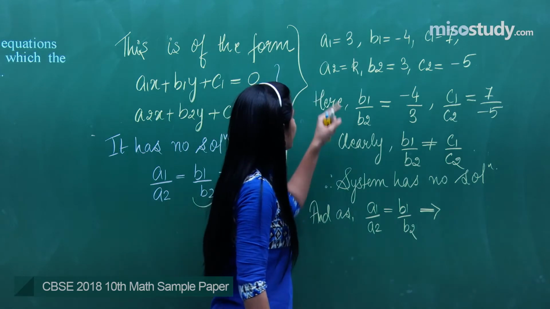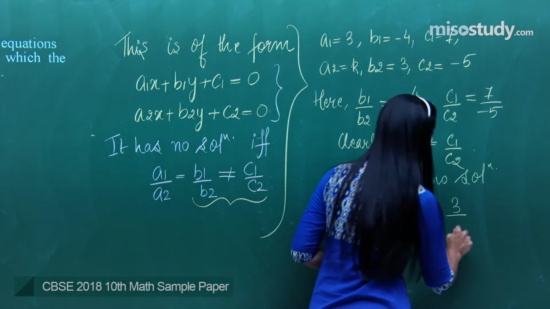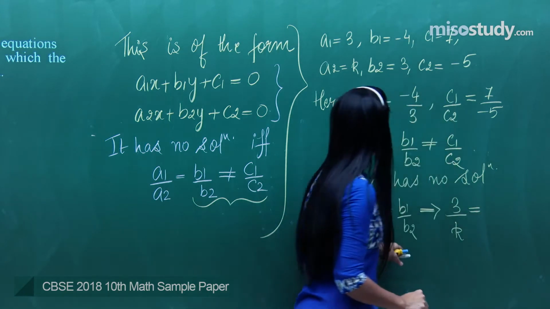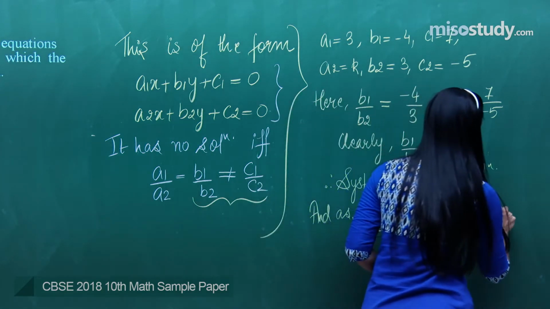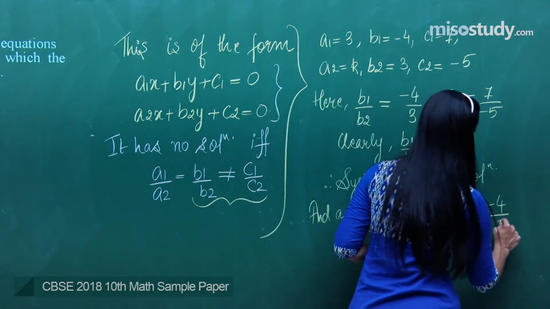What is your a1? a1 is 3. What is your a2? a2 is k. What is your b1? b1 is minus 4. And what is your b2? b2 is 3.